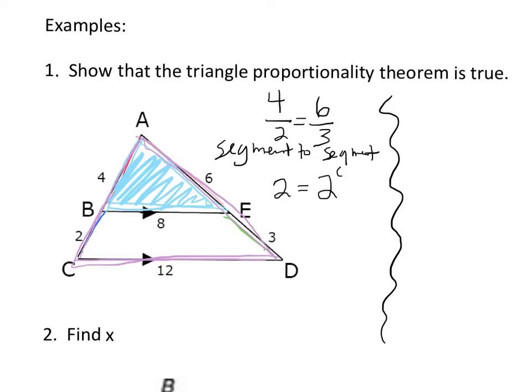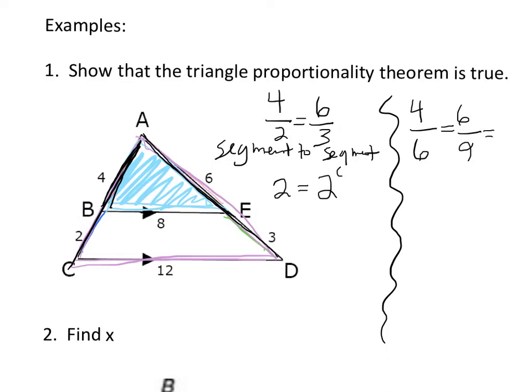If I was quickly to do that, I could just pick 2 side lengths. So if I picked this one here on the left, I could say 4 over the, so that's the little one, and then over the big one, 4 plus 2 is 6. That should be equal to this side, 6 over the whole thing, which is 6 plus 3, which is 9.